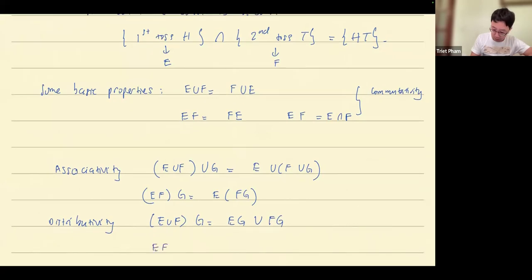E intersect F union with G is EG union FG. Sorry.